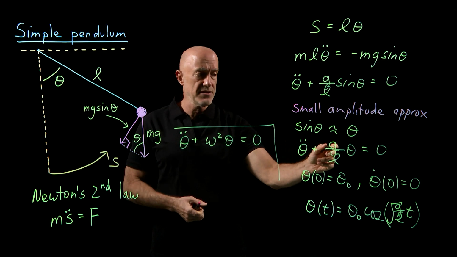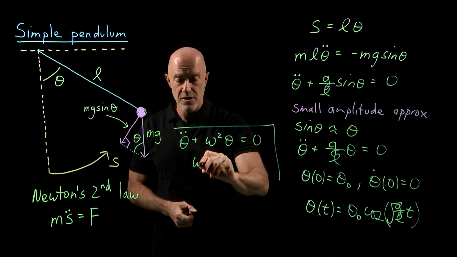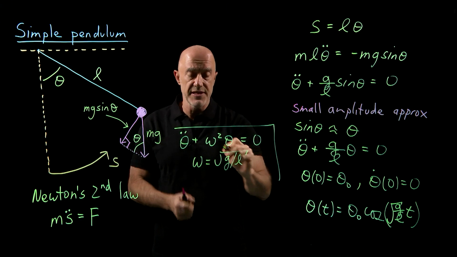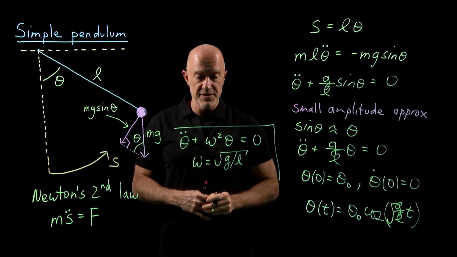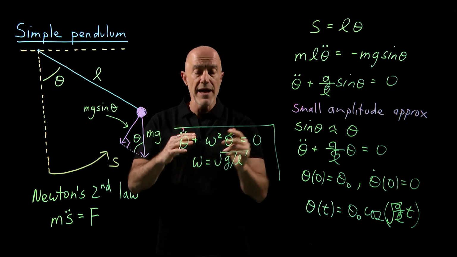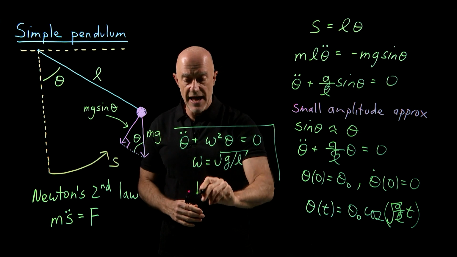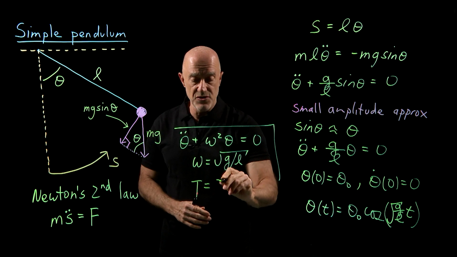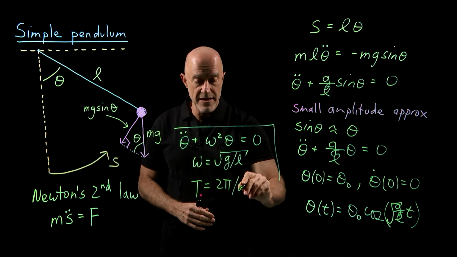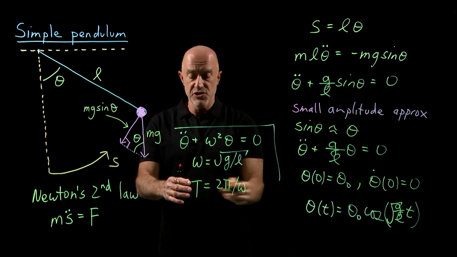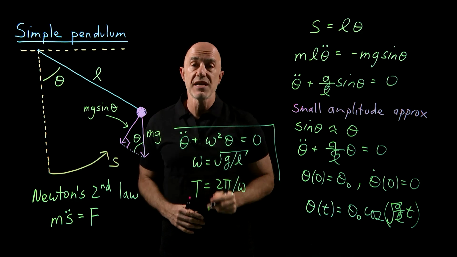In our case, omega then is the square root of g over L, but this applies to many other systems where omega may mean something else. Omega is called the angular frequency of the oscillator, and the period is given by 2 pi over omega. So the motion repeats every integer value of the period.